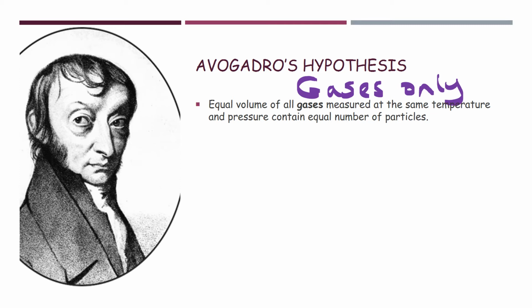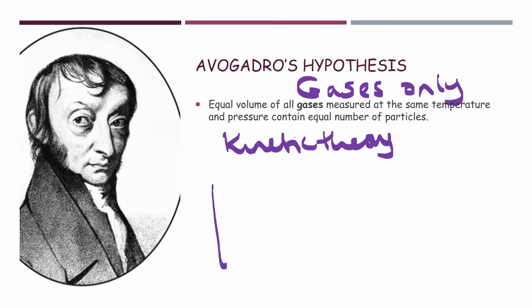And to explain why, we need to go back to the kinetic theory. If you think about the kinetic theory, it says that the average distance between the molecules of a gas is extremely large compared to the actual size of the gas molecules. So in this container, here is a gas and here is a gas.